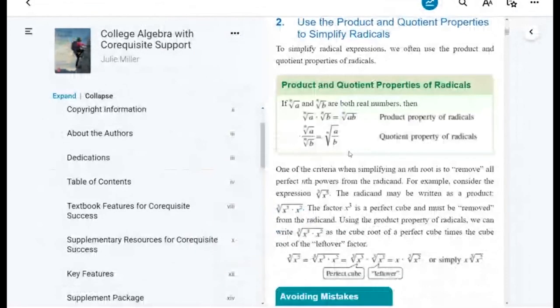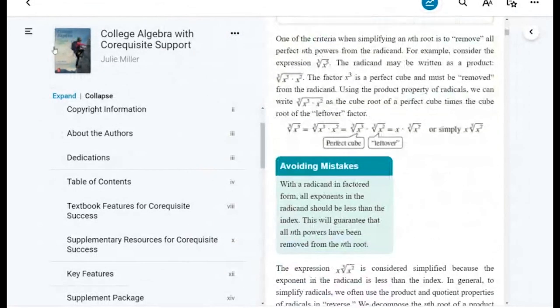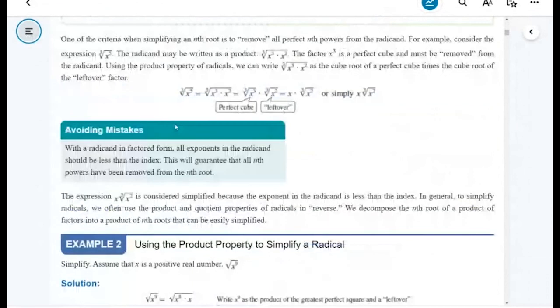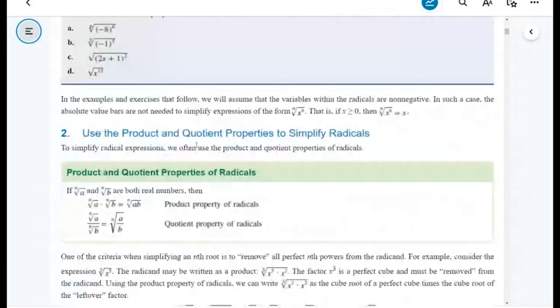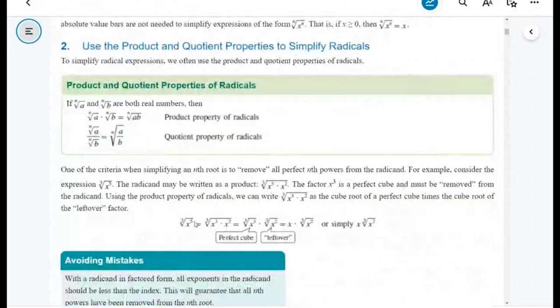Okay, there we go. So you're going to be taking things with a higher exponent and splitting it up so that you can simplify part of it, but you won't be able to simplify all of it, and you'll have things that are left over. So that's where we're moving from here.